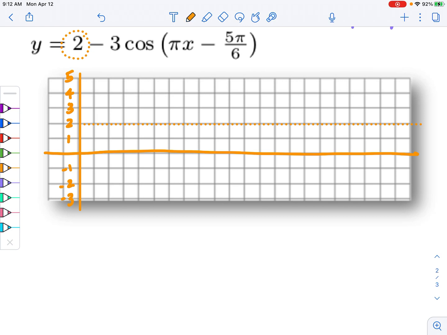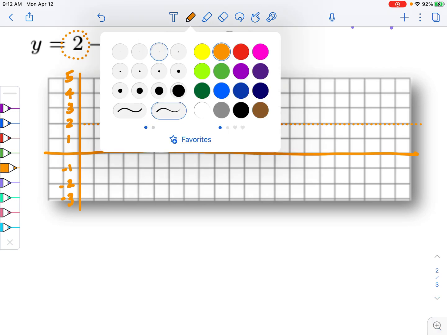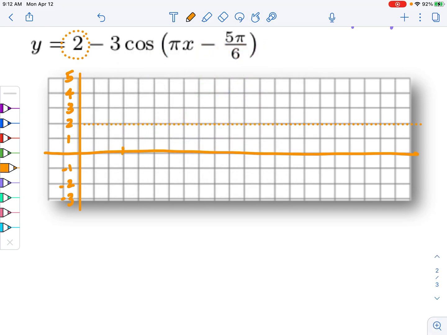So first off, we have to divide up our x-axis. We start at 5/6 and end at 17/6. So maybe I'll go every 3. That seems good. So 1, 2, 3, this will be my 5/6. 1, 2, 3, 1, 2, 3, 1, 2, 3. You end at 17/6.